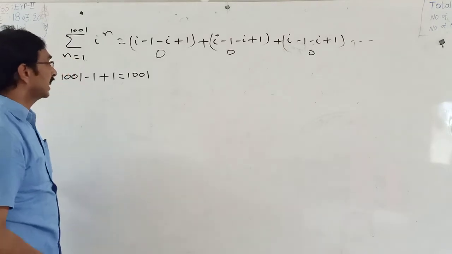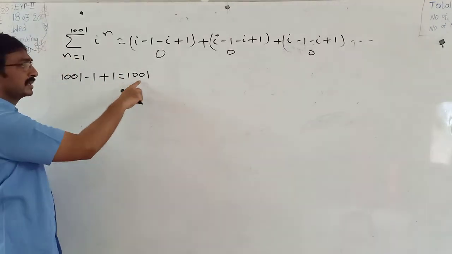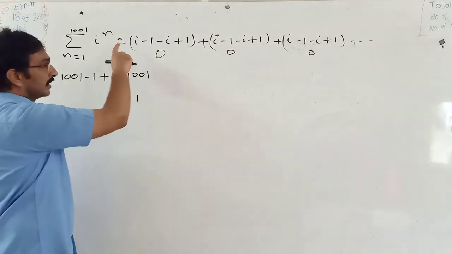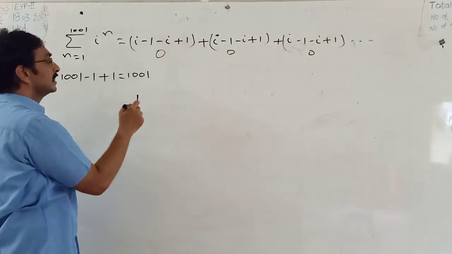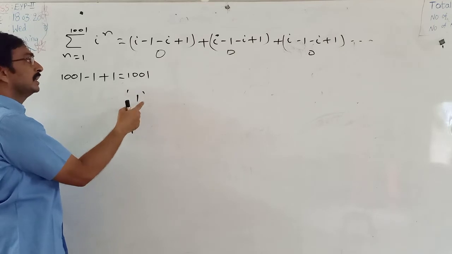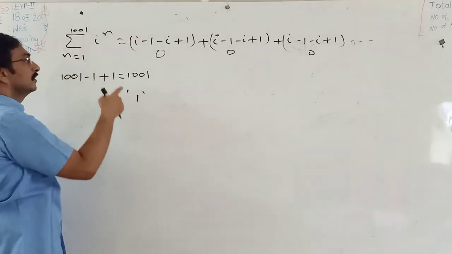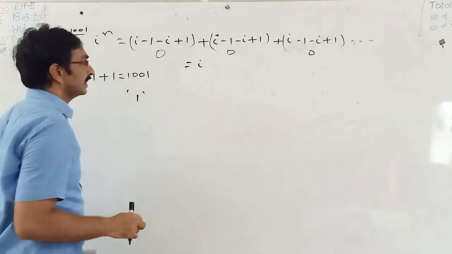Here the number of terms is 1001; if we divide by 4, the remainder is 1, so only one term remains after cancellation. We can take that term from the beginning or the ending, no change. From the beginning, n equal to 1 means i. So the answer is i.